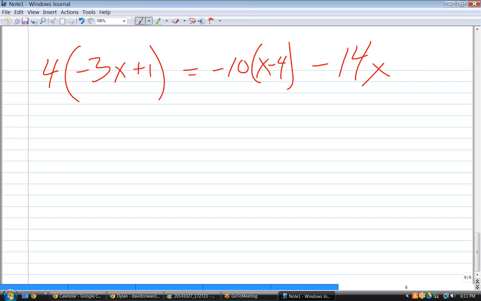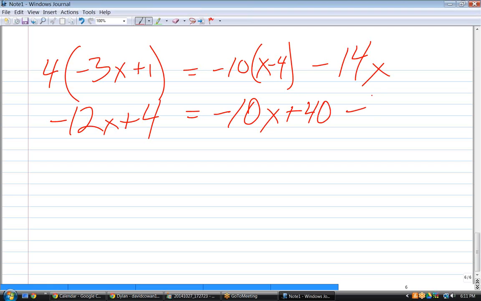Okay, so first on the left side, the next line would be negative 12x plus 4 is equal to negative 10x plus 4, plus 40 minus 14x.